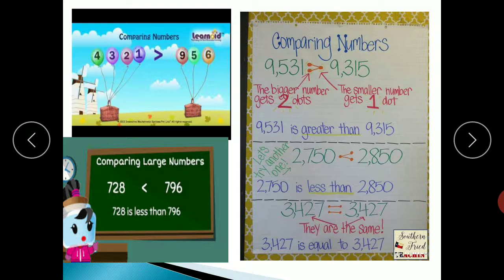When both are the same, they are the same numbers. Then we can read it as 3427 is equal to 3427. It means both the numbers are the same. At that time we call them equal, or same numbers.